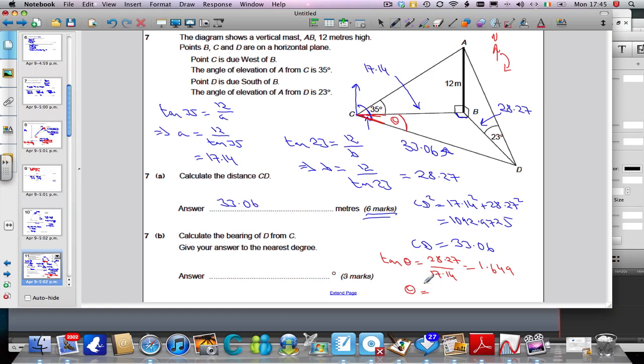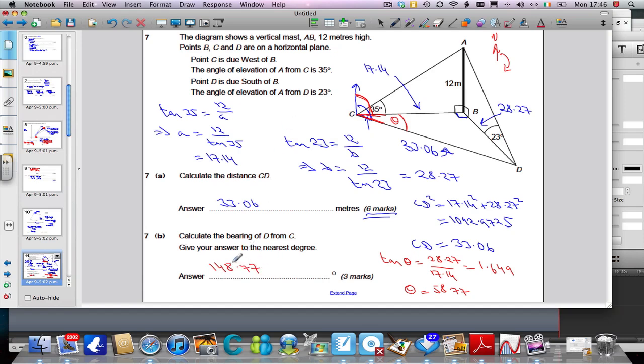That means the angle is going to be 58.77. So theta is 58.77. I'm going to have to add on 90 degrees to get it correct. So adding on 90 degrees, we get 148.77.